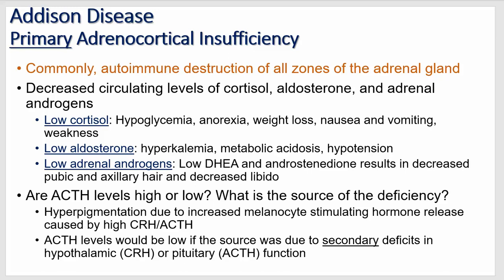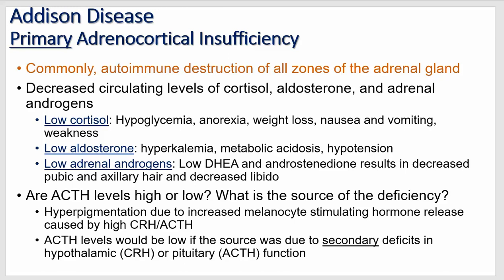If it's at the source, if it's primary, and you're not producing enough, then you're probably going to have high ACTH levels. So let's think about that. If you have high ACTH levels and you're turning up that production, well, so melanocytes, let's see.